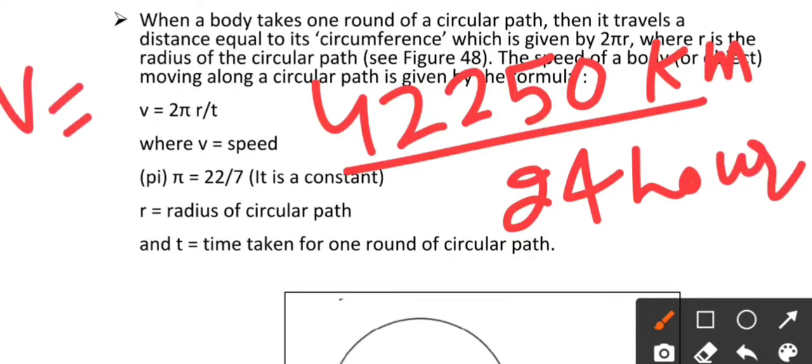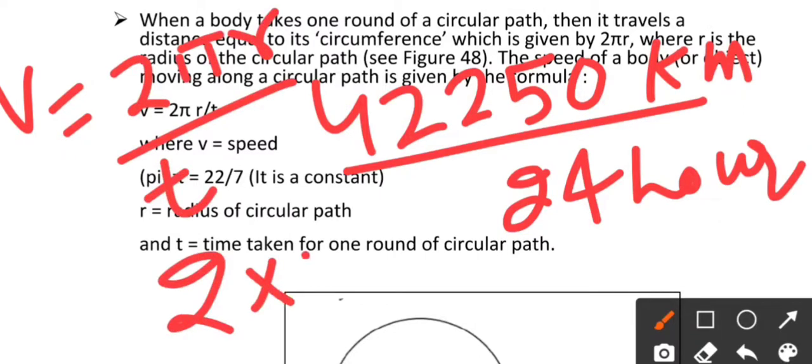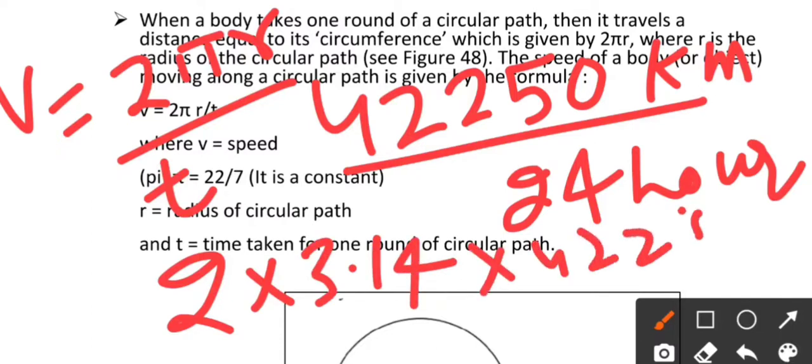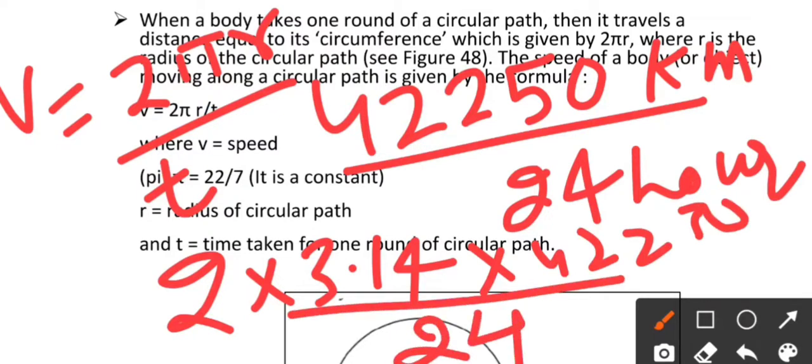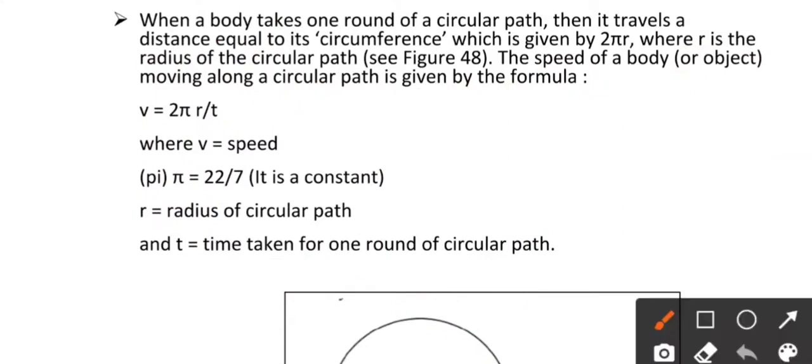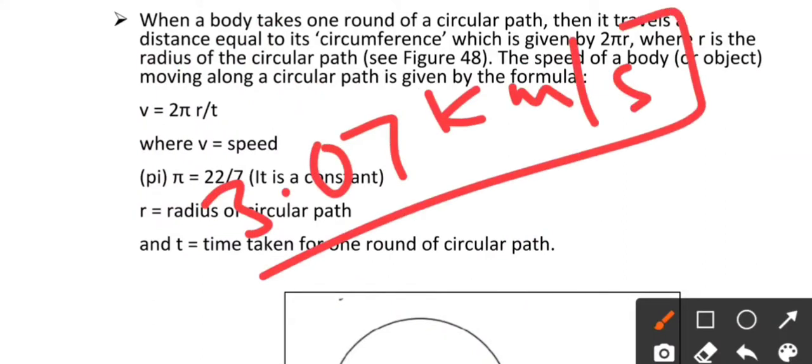We know very well it is moving in a circular path, so that will be 2 pi r, the distance upon time. So 2 pi, 3.14 you can also take, and 22/7 you can take. Multiply 42250 divided by 24. If you want to change into seconds, you have to multiply by 3600 also. So you will get the answer like 3.07 kilometer per second in this case.